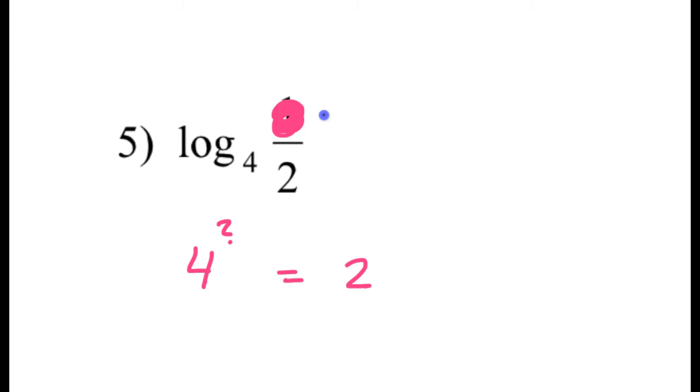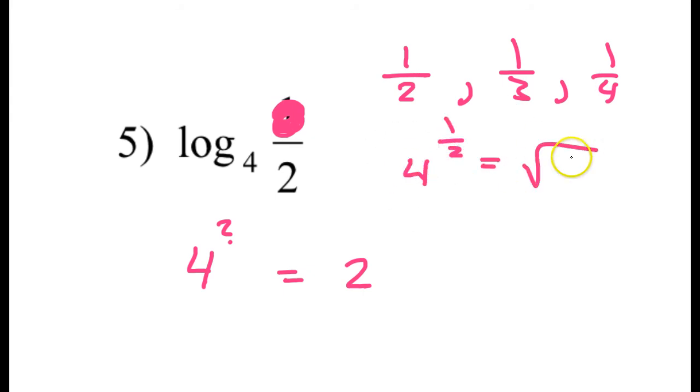But then remember that there is such a thing as fractional exponents, like 1/2 and 1/3 and 1/4. So for example, 4 to the 1/2 power means the square root of 4, and 4 to the 1/3 power means the cube root of 4.